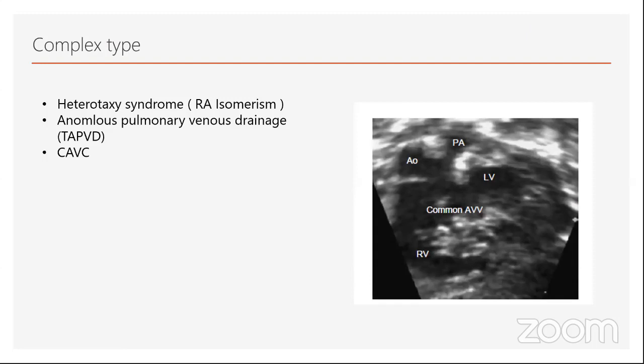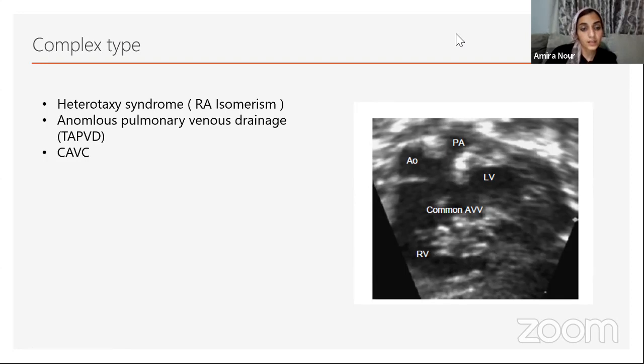Actually, in some literature or some books, they said that there is a fifth type for those patients with double outlet right ventricle, and we can call it the complex type.